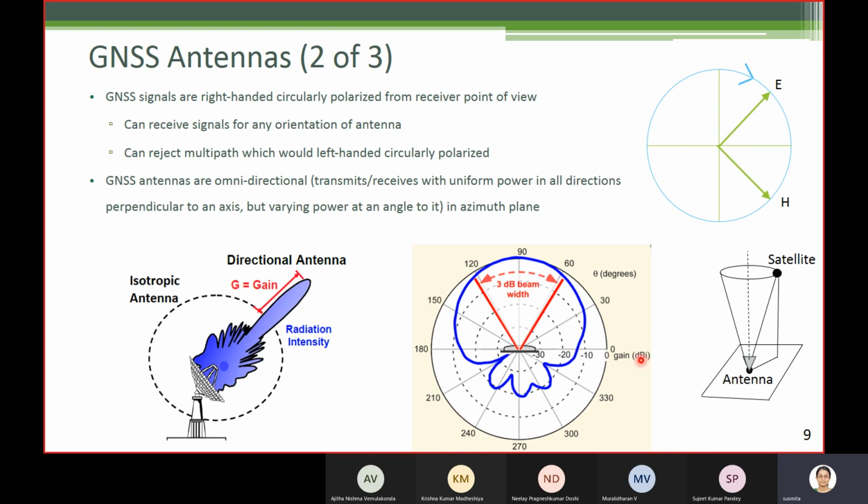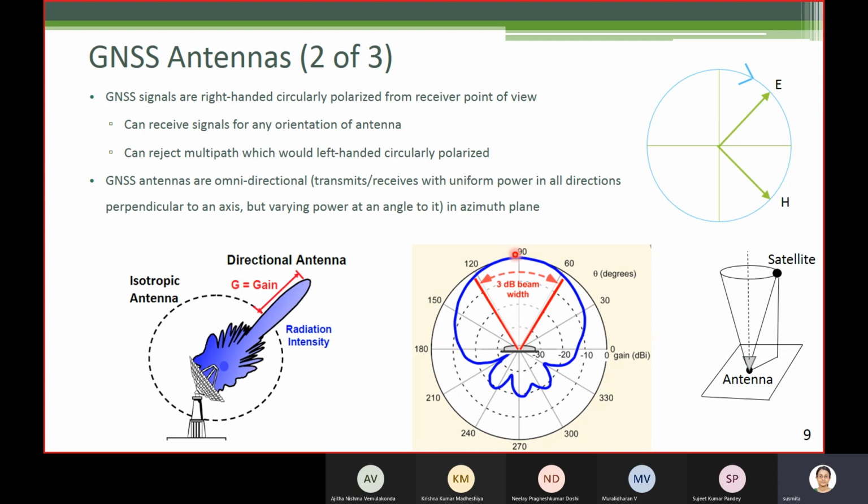So that is what is shown here, dBi. I means with respect to isotropic antenna. An isotropic antenna has 0 dBi because G is unity. So log 1 will be 0 and 20 multiplied by it will be 0. So this outer circle actually shows the gain of an isotropic antenna. And then as you reduce the radius of the circle, you get different gain.